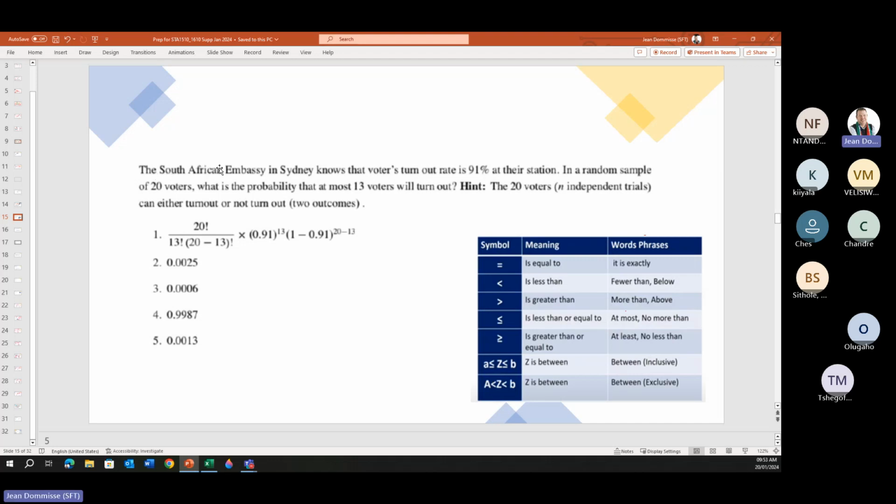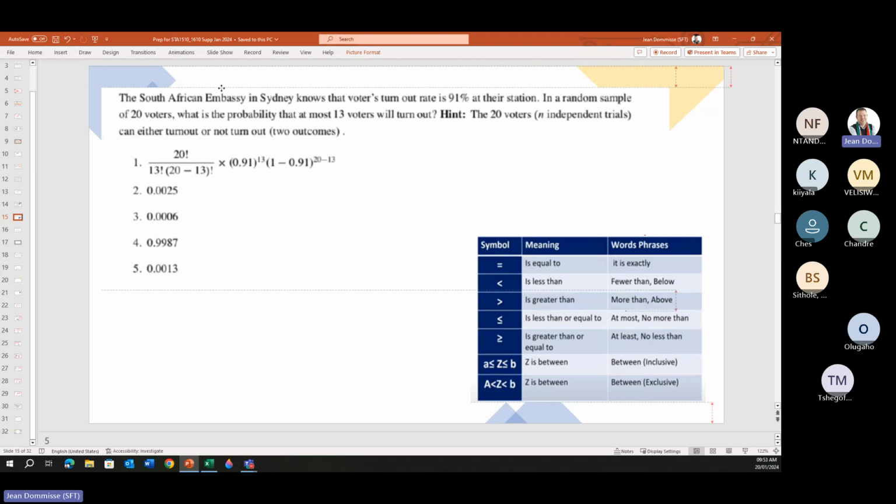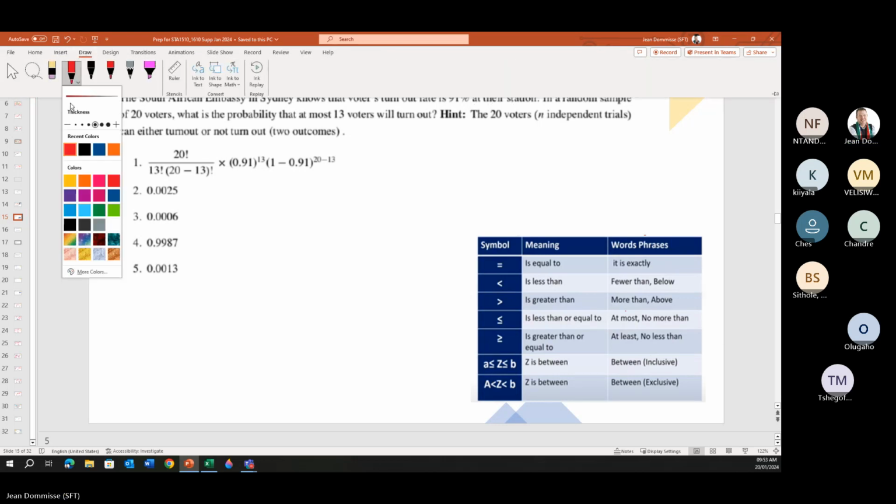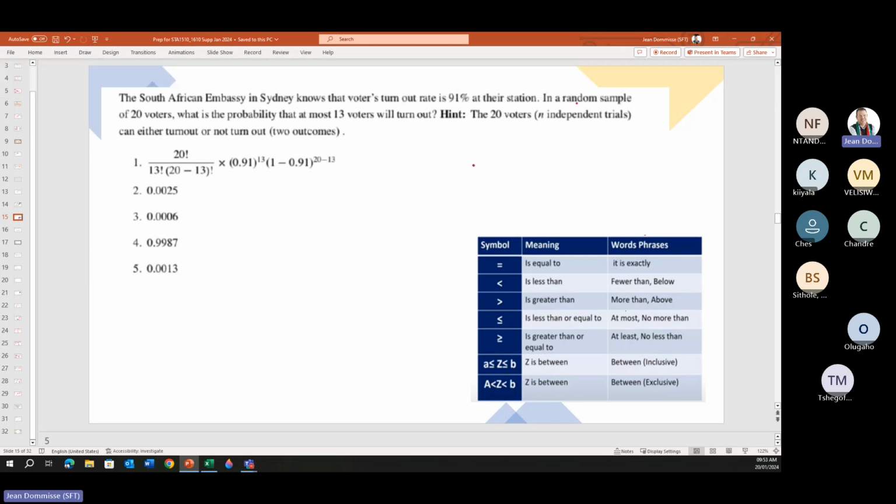The South African Embassy in Sydney knows that voter turnout rate is 91% at their station. In a random sample of 20 voters, what is the probability that at most 13 will turn out? At most. So what's the probability that you will get X smaller or equal to 13?